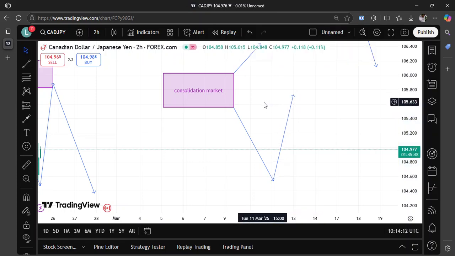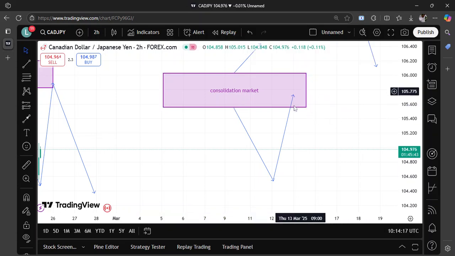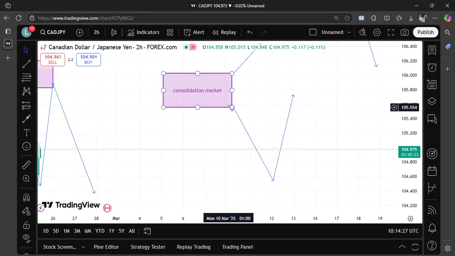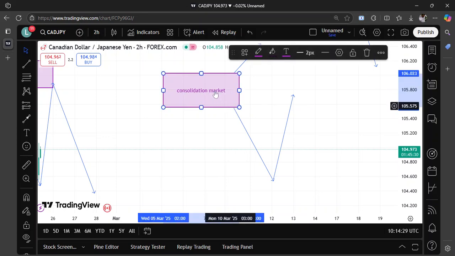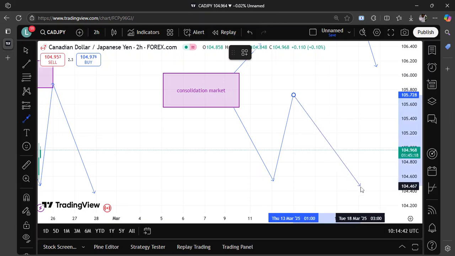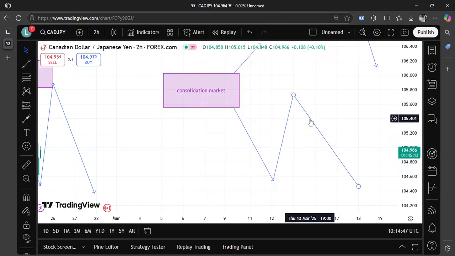Once price is at the consolidation point, since price action and technical analysis use what has happened in the past to predict the future, in this area we saw that price sold after the consolidation point. So once price returns to this consolidation point, there's a 70% or 80% chance that price will do what it did before. So definitely we'll have a downwards movement. This is where your opportunity comes.